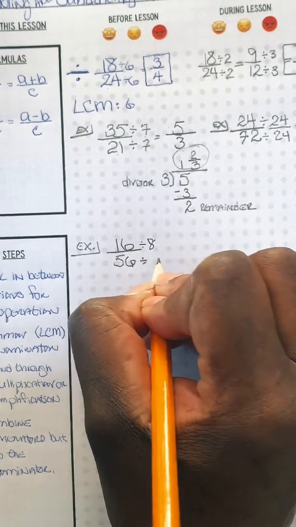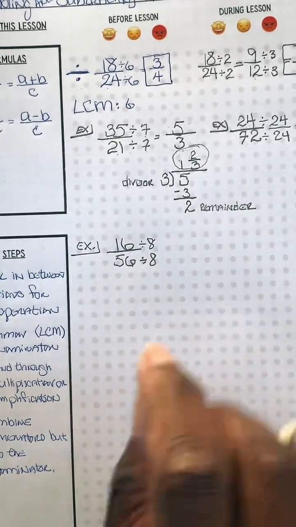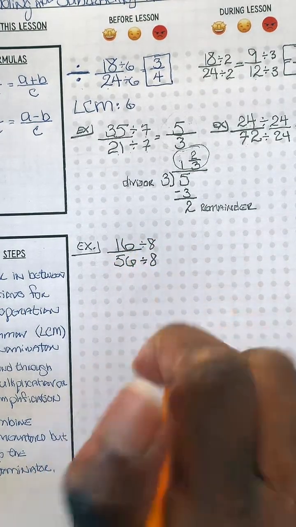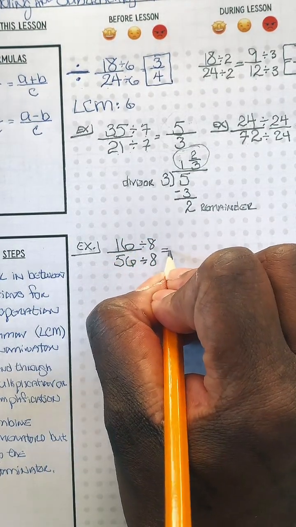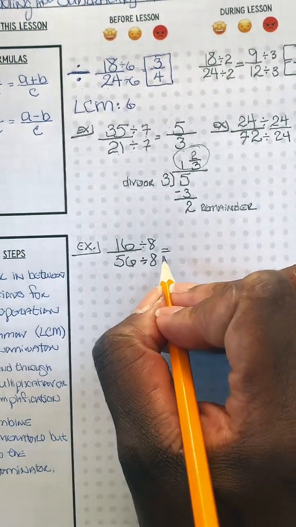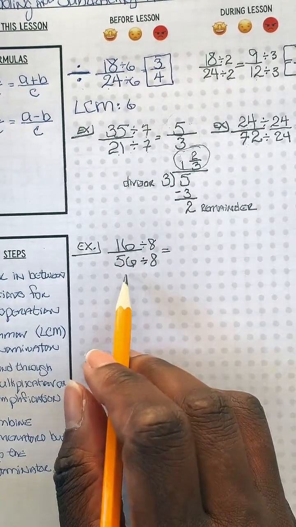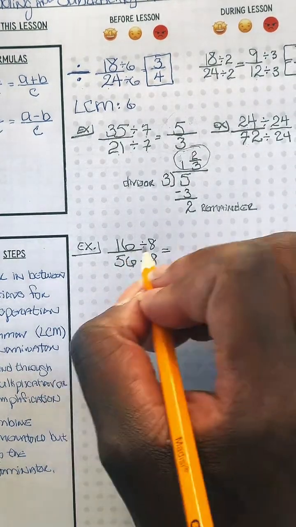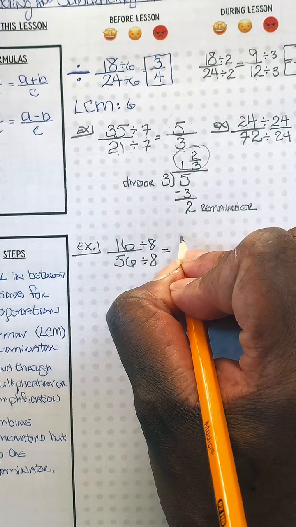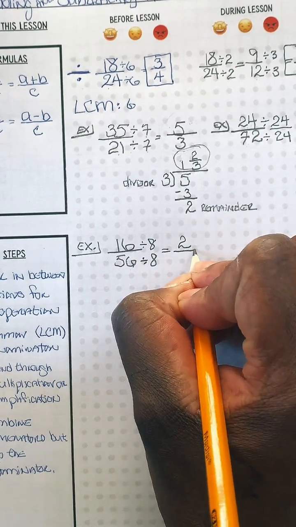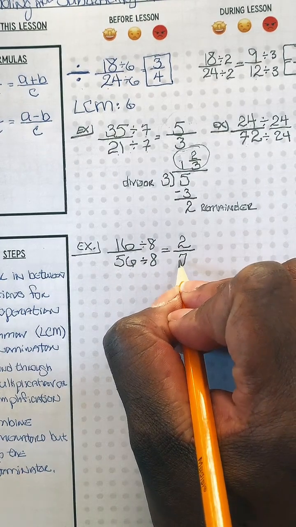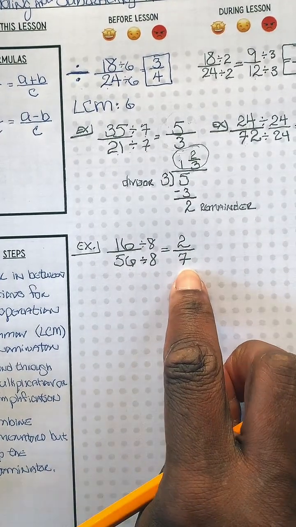Since they're both even, yes, you can still do 2, but the greatest common factor is going to be 8. So now 16 divided by 8 gives me 2, and 56 divided by 8 gives me my 7. And I know how we feel about the 7 times tables.